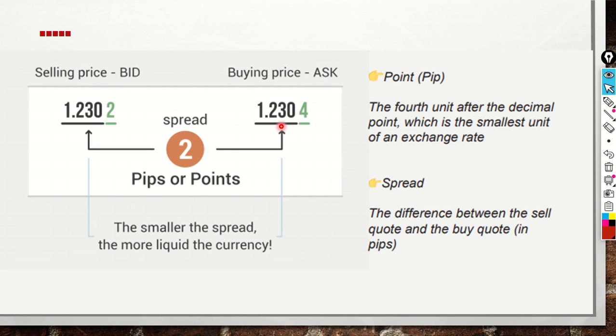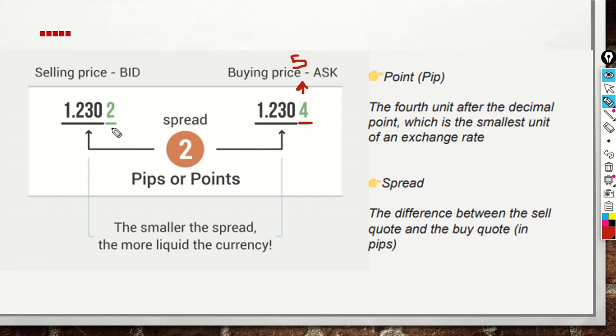So we also have what is called a pip. A pip is the fourth unit after a decimal point, which is the smallest unit of an exchange rate. In this case, it's 4. So if we change from 4 to 5, the change is said to be 1 pip.